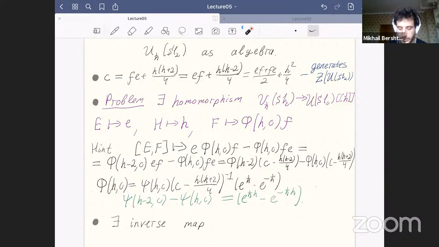So there will be an inverse map, and this homomorphism looks as follows: E goes to E, H to H, everything simple, and F goes again to F, but with some prefactor, and the prefactor is some function of H and C. And also the function depends on H bar, which is our Planck, our deformation parameter. Okay, is the statement clear?